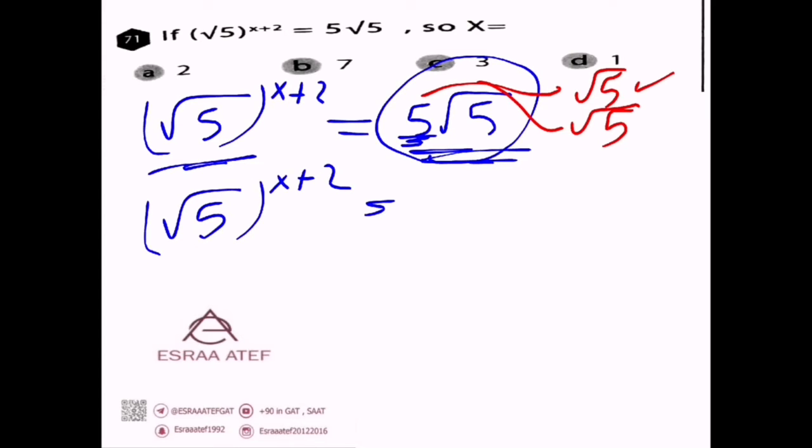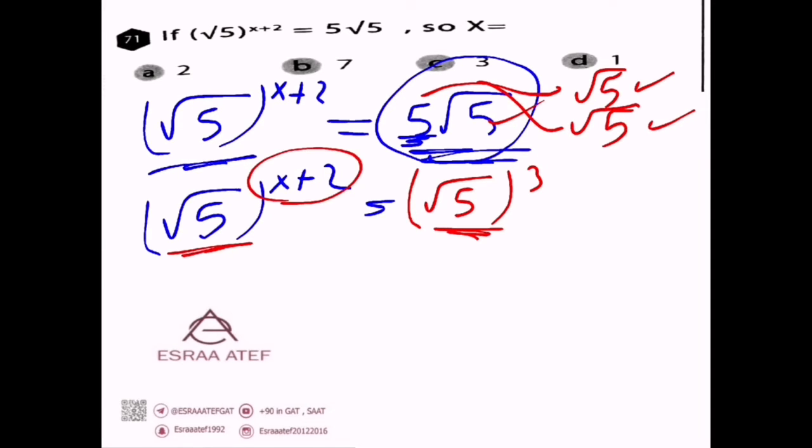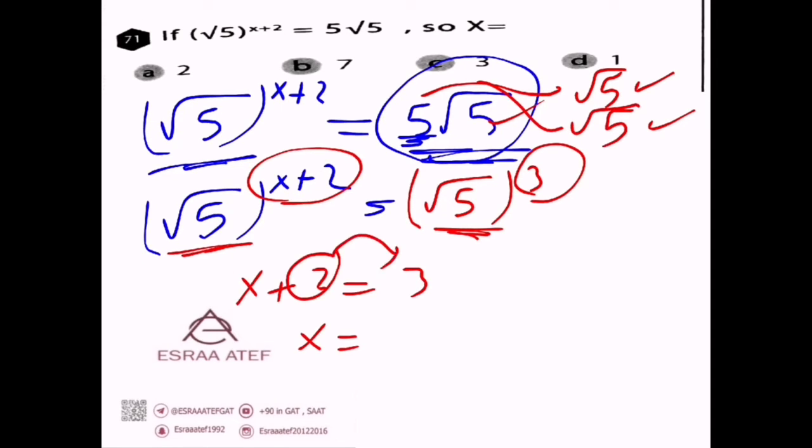So we have 1, 2, 3 of the square root of 5, which equals square root of 5 cubed. So here we have the same numbers, so we can equate the powers. So x plus 2 equals 3. So x equals, we take this number to the other side with a different sign, so it will be 1. So x equals 1.